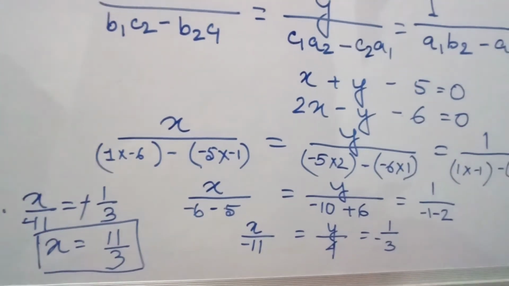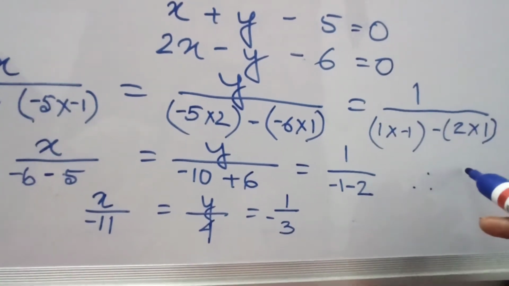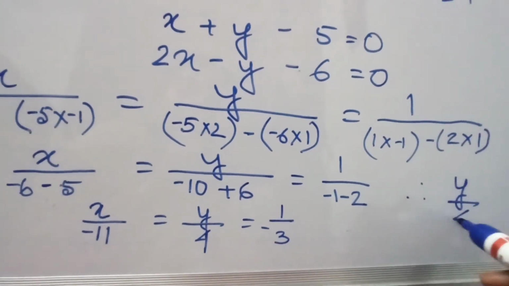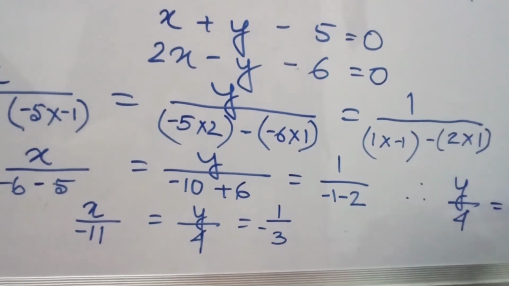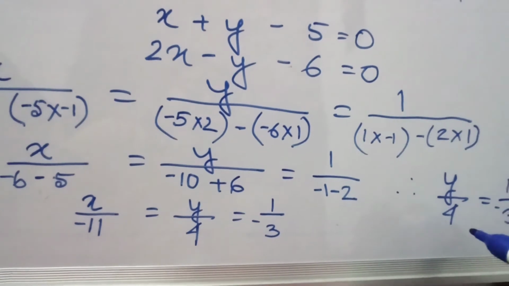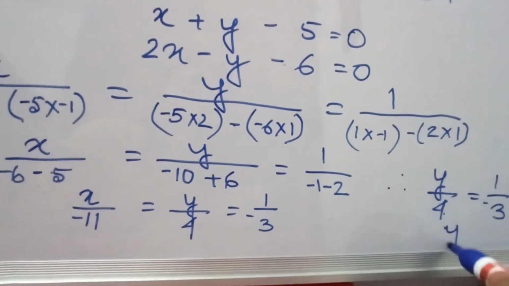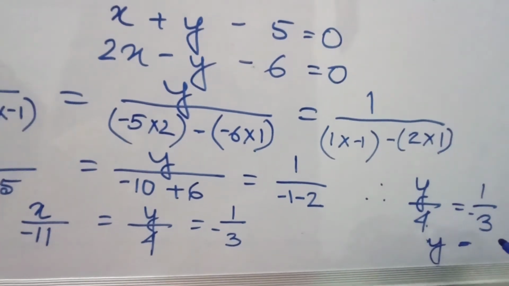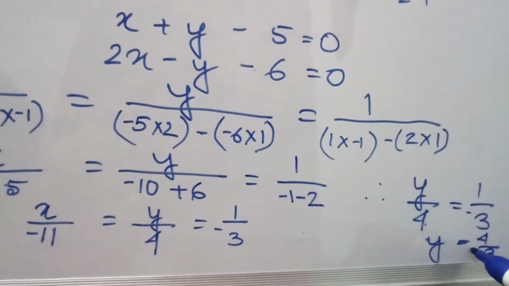Understood? And similarly, what is the value of y? Y by 4 is equal to 1 by minus 3. So if we take 4 that side, y will be equal to 4 by 3.